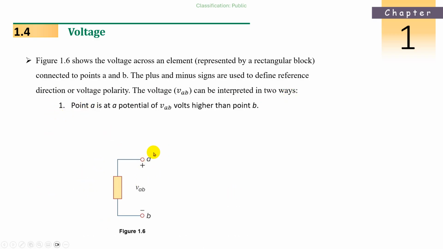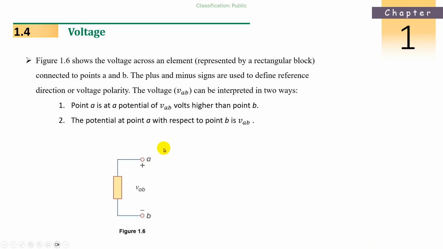The first one: point A is at a potential of VAB volts higher than point B. Because of the positive sign, we say A is at a higher potential than the lower potential B. Another way: the potential at point A with respect to point B, in between A and B, is VAB.